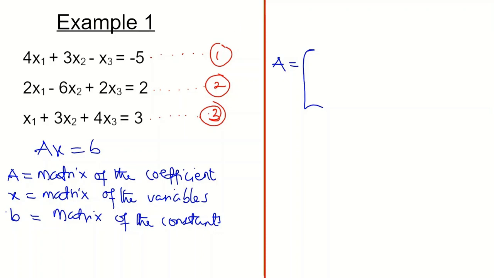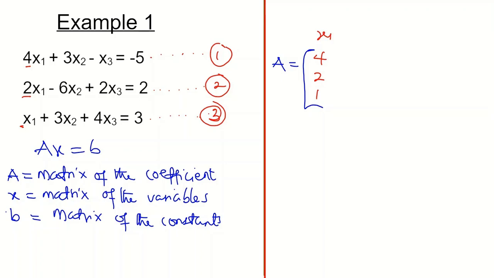When we consider the variable x1, we write the coefficients of x1 in all three equations. In equation 1, the coefficient of x1 is 4, so we write 4 here. In equation 2, the coefficient of x1 is 2, so we write 2 here. In equation 3, the coefficient of x1 is 1, and so we write 1.